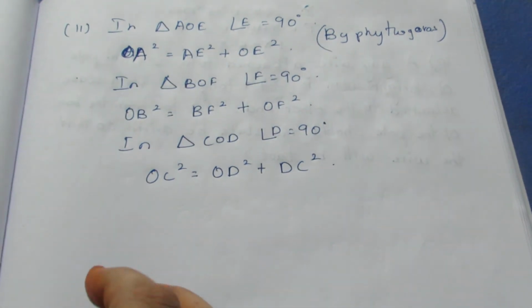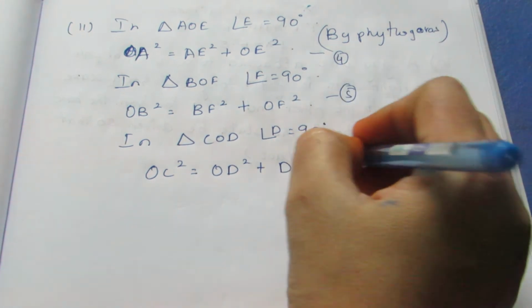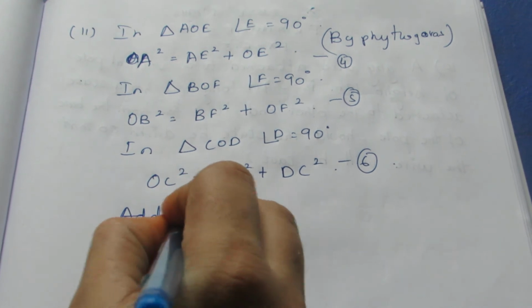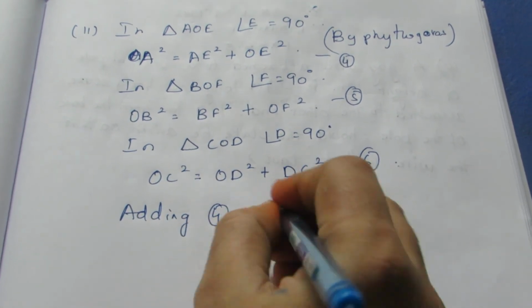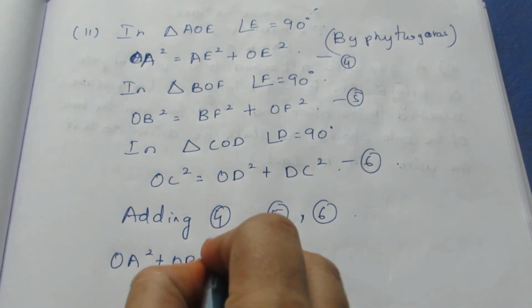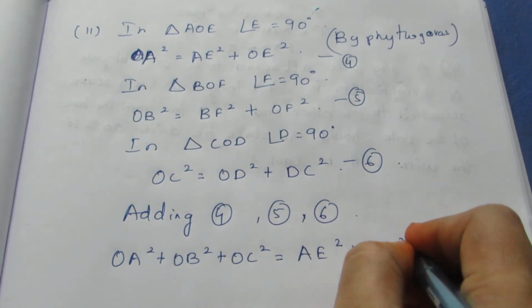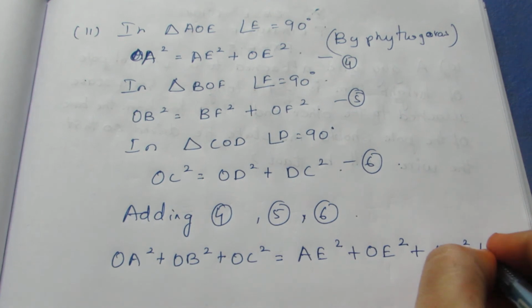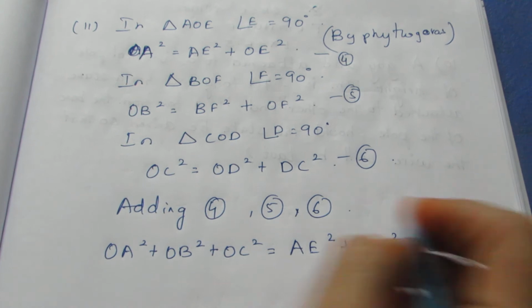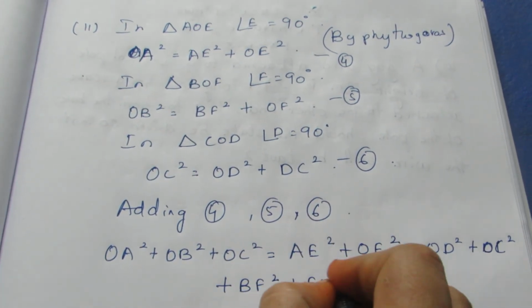Now adding the same way, adding LHS and RHS. Now let me take these to be 4, 5 and 6. Already we have taken 1, 2, 3. So I am taking these to be 4, 5, 6. Adding 4, 5, 6 we get OA square plus OB square plus OC square equal to AE square plus OE square plus OD square plus DC square plus BF square plus FO square.